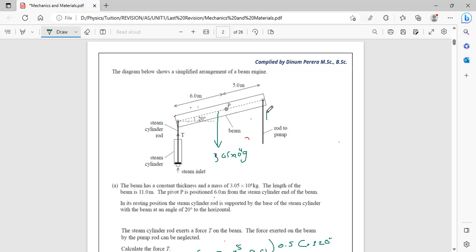So this force is 0 here, right? This force is 0. So these two forces produce moments about P, because the beam can rotate about P, right? Weight produces a clockwise moment. T produces an anti-clockwise moment.